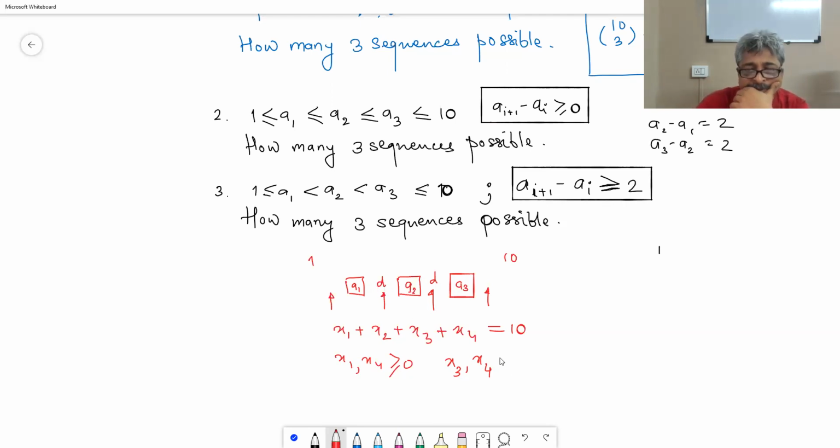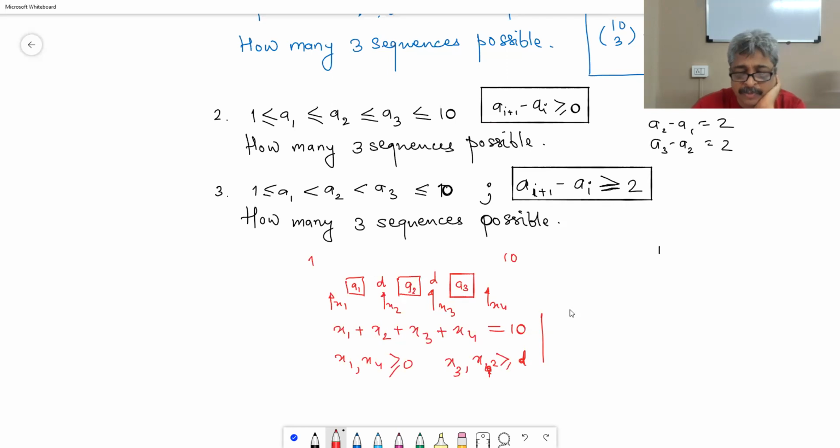Sir, from where did x come from? This is x1, this is x2, this is x3, this is x4. x2 and x3 should be greater than or equal to D. Is that correct? And therefore, for these 3, we have 2 gaps.